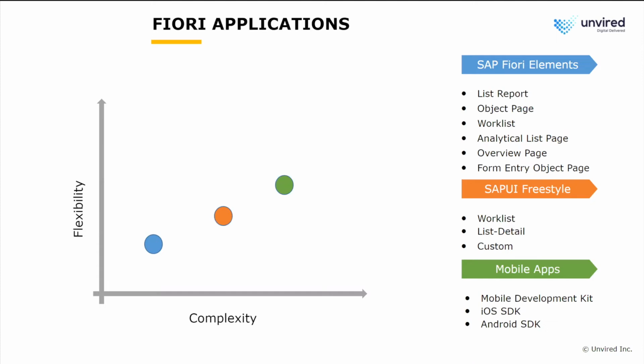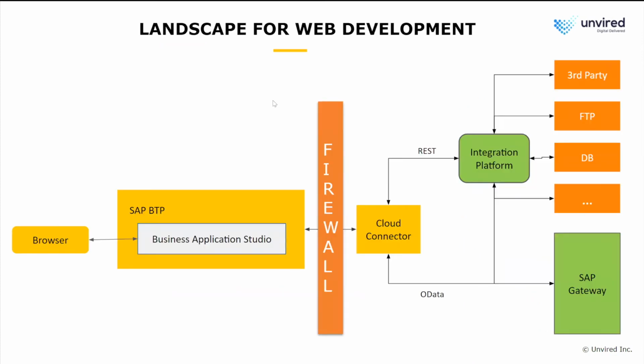So having looked at these three key headings under which these applications can be developed, let's look at the landscape for a typical web application or a mobile application, and the infrastructure that is required to build these kinds of applications.